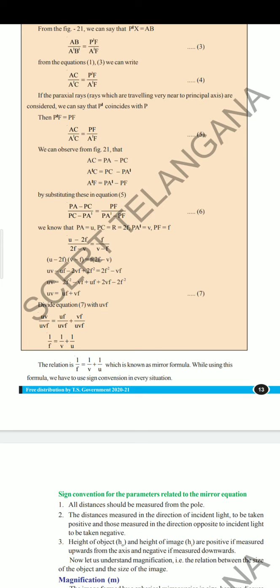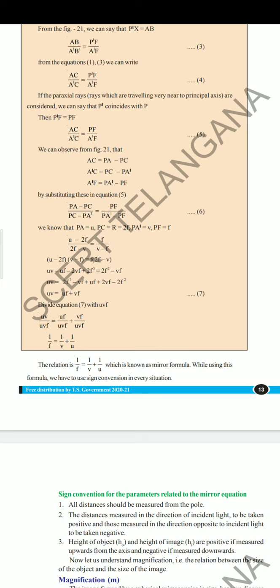Equation 6. We know that PA equals u, PC equals R equals 2f, PA' equals v, PF equals f. So u minus 2f by 2f minus v equals f divided by v minus f.